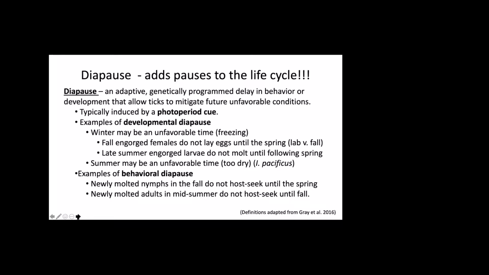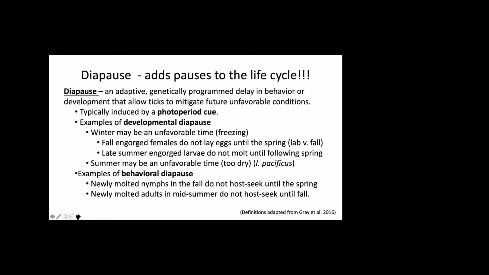But out in the field, those females, they don't lay their eggs until the following spring. Now, some of that might be the temperatures are cooler, but we know from those experiments that Nick had done that some of the temperatures in October, November, they're fine. The females could lay their eggs then, but they just don't.